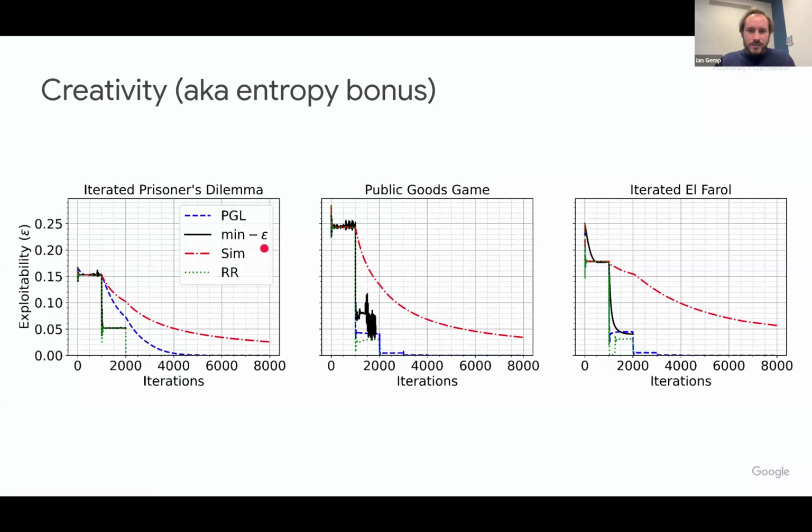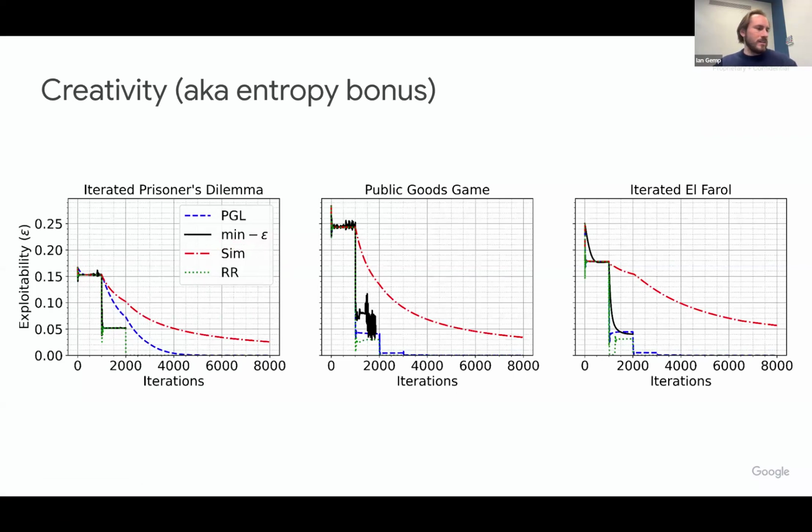And we compared against directly minimizing exploitability. What I mean by that is every player actually solves their convex program to precisely measure how much they could gain by best responding. We then used a library that's built on top of CVXOpt and JAX.